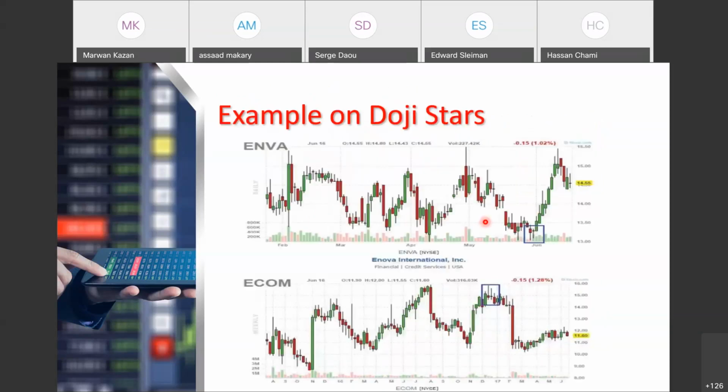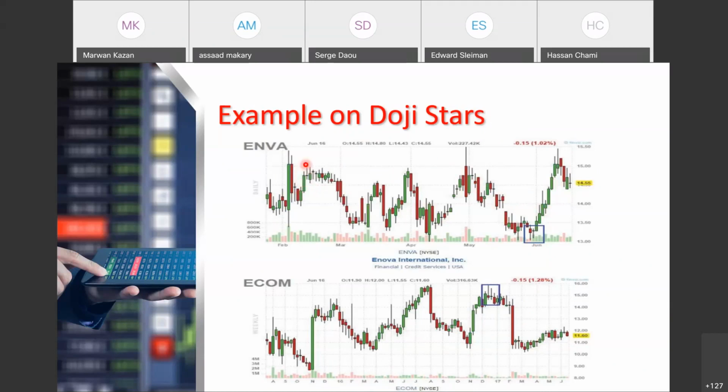Let's see some examples of doji stars. As you see here, the price was going down. You have a doji star, indecision in the market, then a green candle, prices went up. We can spot another one here. Prices going up, doji, red candle, things went down later. The same thing here. Now, oh look, this is a good example.